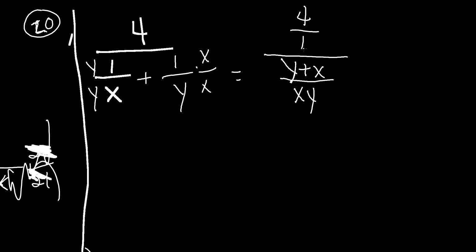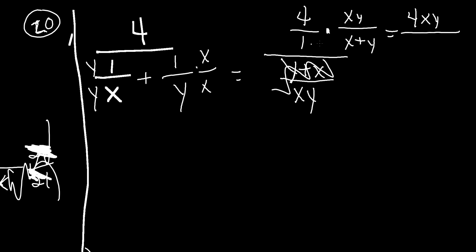Okay, now I'm ready to keep, change, flip. So keep, change the sign, and flip this one. It's going to be xy over x plus y, or y plus x. I can flip that around too if I want, and I did. Okay, so this is gone now. I flipped it, and this is my answer up here: 4xy over x plus y. And that is the solution.